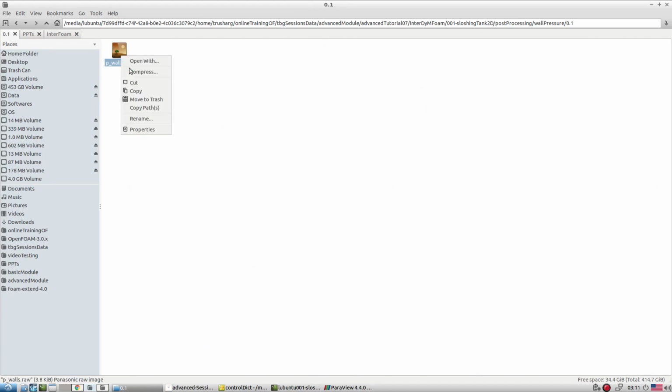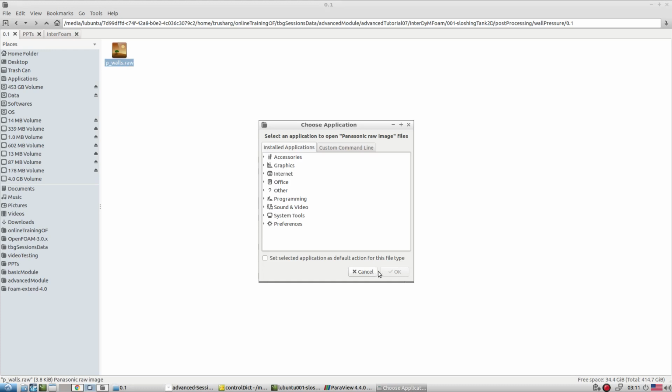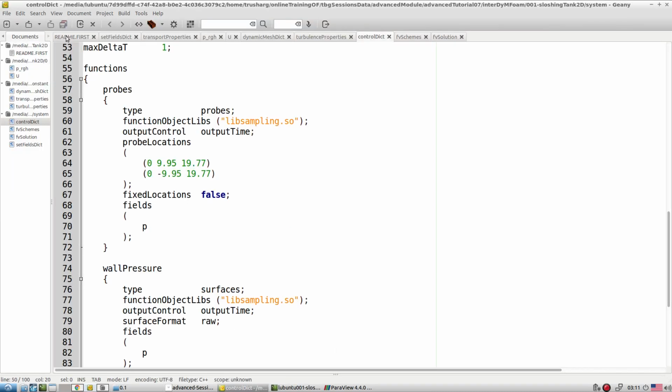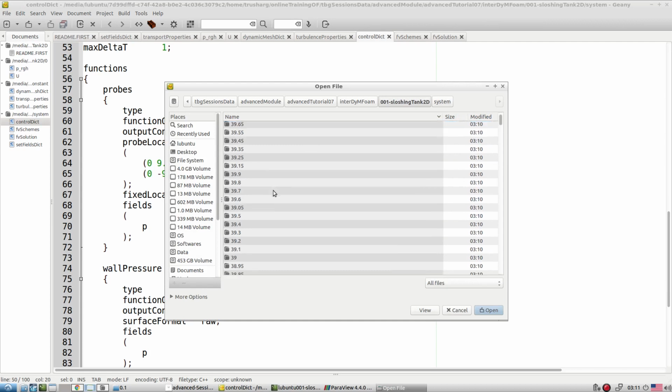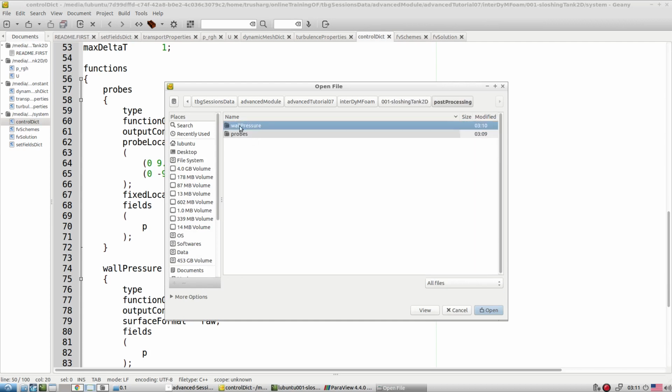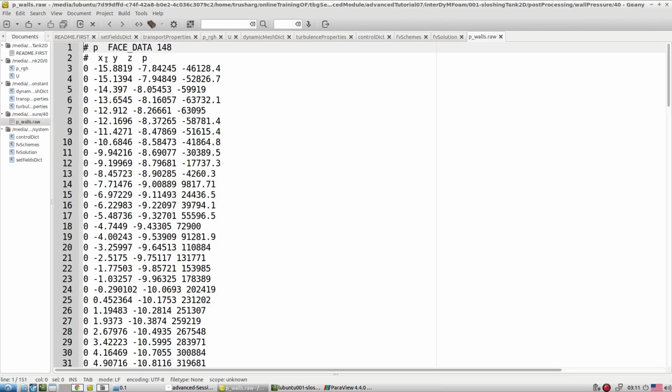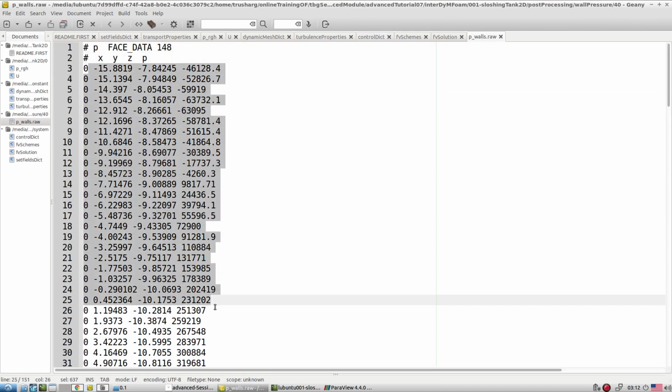Let me open this particular entry, the post processing, this one. So this is the raw data, XYZ and the pressure. On the entire wall, at each and every location, we get the pressure distribution.